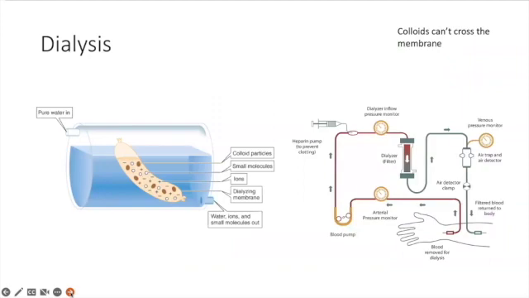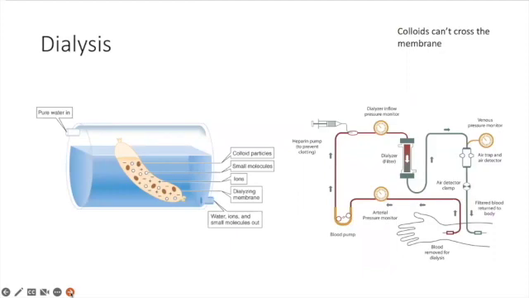And so our last little vocab is dialysis. At first, when I think of dialysis, I think immediately of kidney dialysis, when people have failing kidneys and they go to dialysis. That's kind of slang for what's actually happening here.